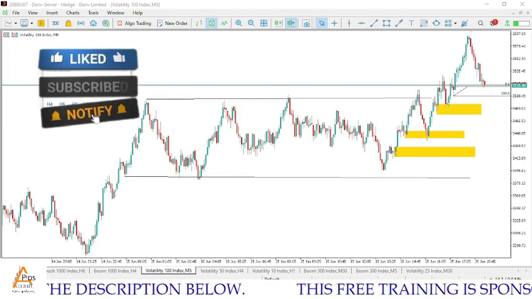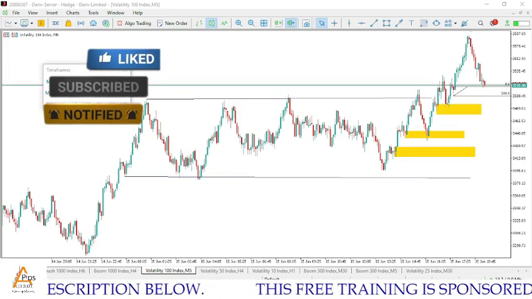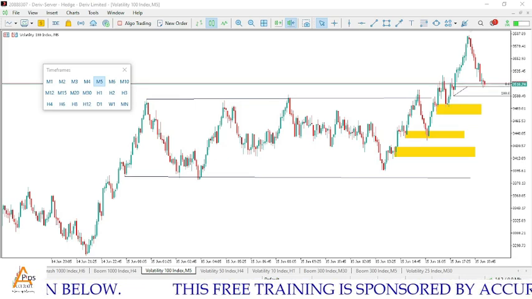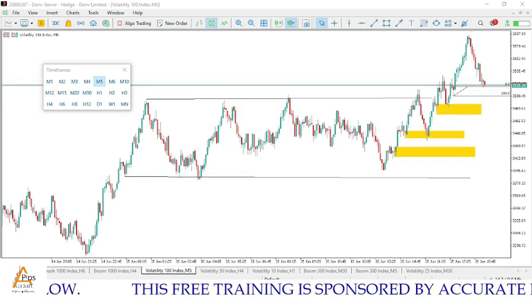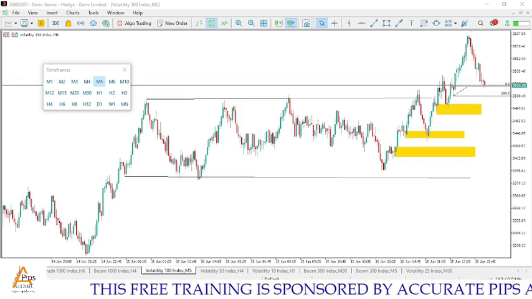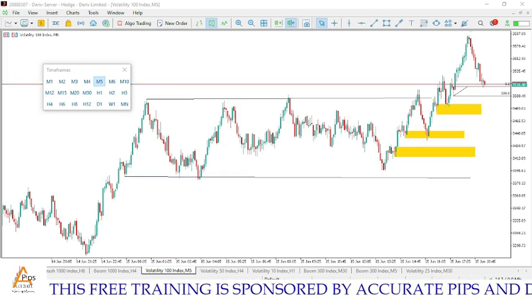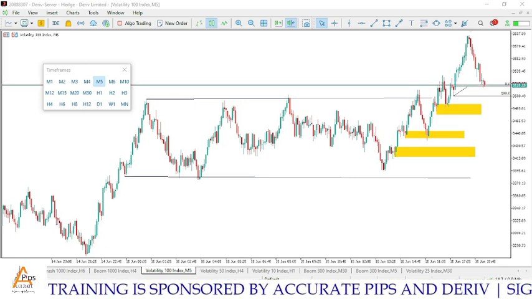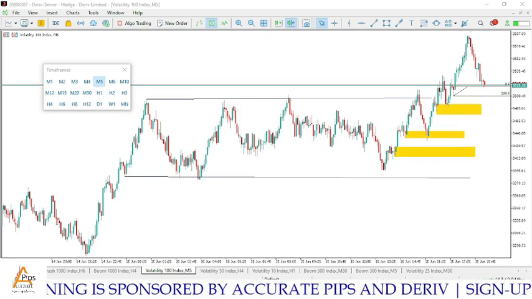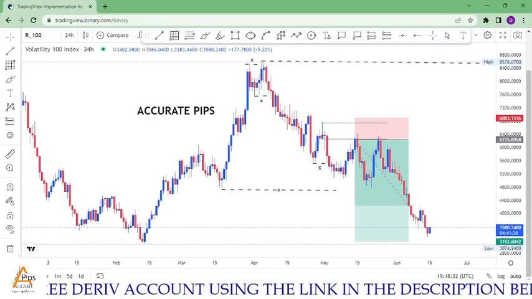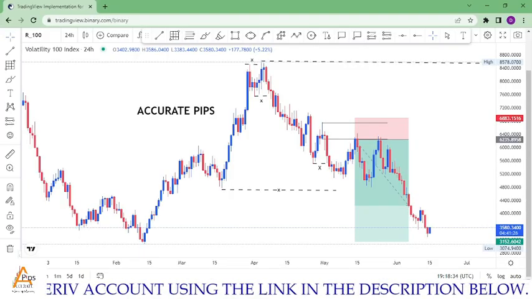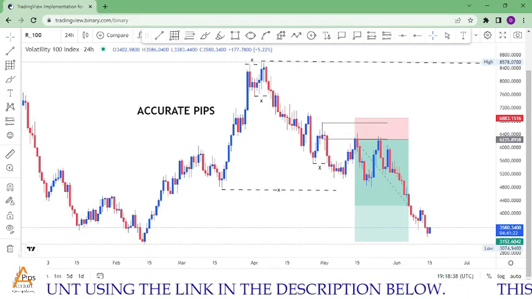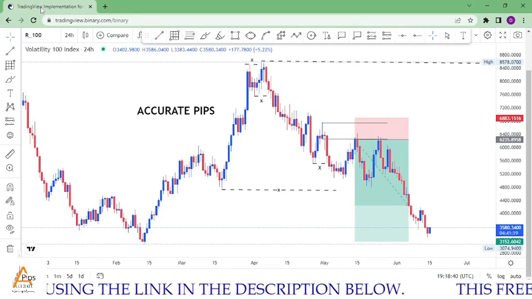Okay, so I think let me use TradingView because I don't want to disturb this particular chart. I have some analysis and monitoring here. I have a trade I'm monitoring, though it's almost at TP.